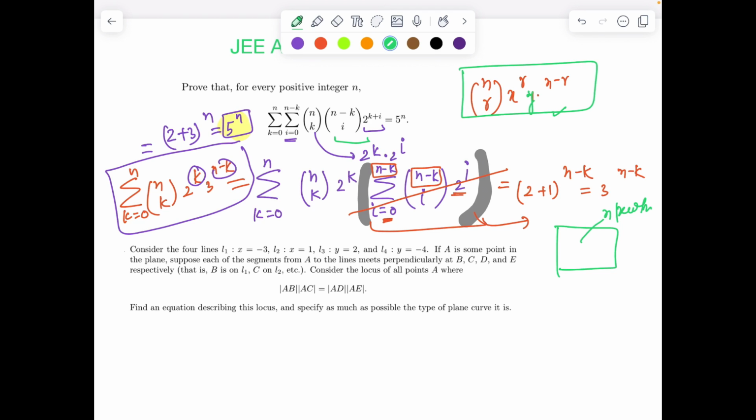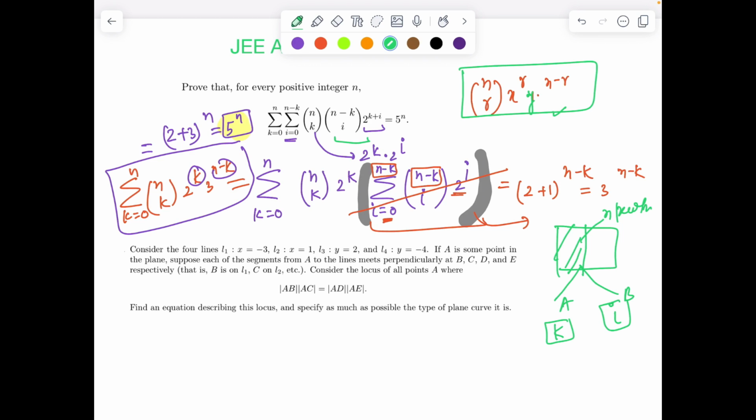Out of a group of n people, we are making, let's say, a joint committee of A and B, such that one committee is of size k, and another committee is of the remaining size n minus k, or I can say size i, such that i plus k is n, of course.